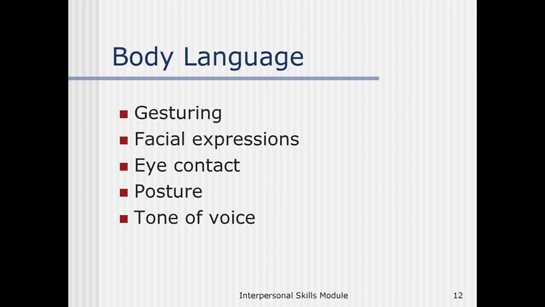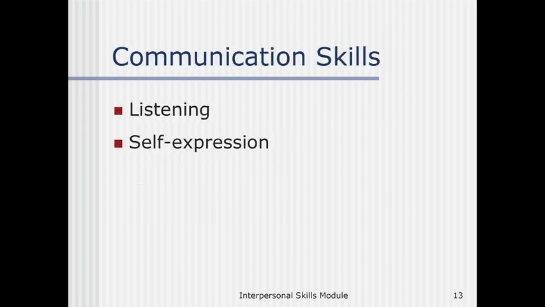Posture means you should maintain a very erect posture so that you feel very confident in speaking. And for tone of voice, you should show some modulation, like giving stress on important points, and using a lower tone when you are expressing something sad. These kinds of things you should maintain in your body language.